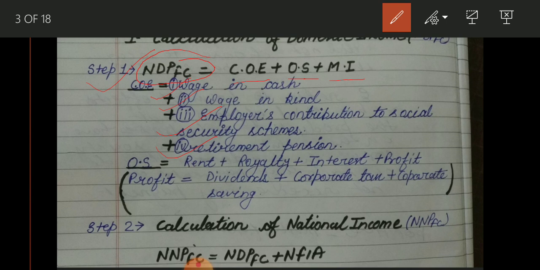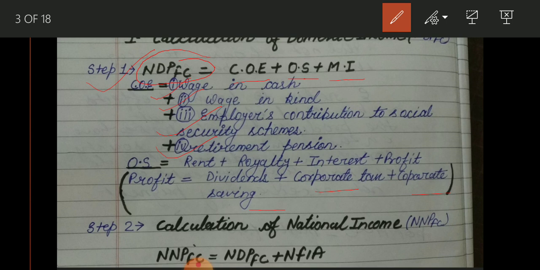Now next is operating surplus. Operating surplus is the sum total of rent, royalty, interest and profit. And this profit is also the sum total of three components: dividends, corporate tax and corporate saving. And this corporate saving is known as retained earning and undistributed profit also.